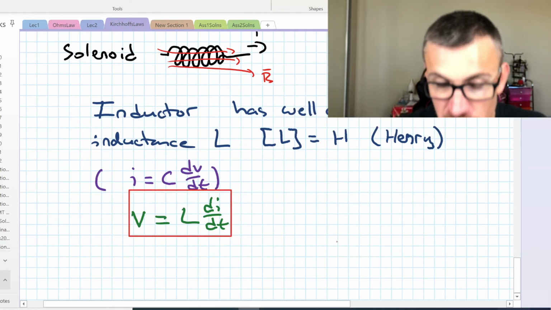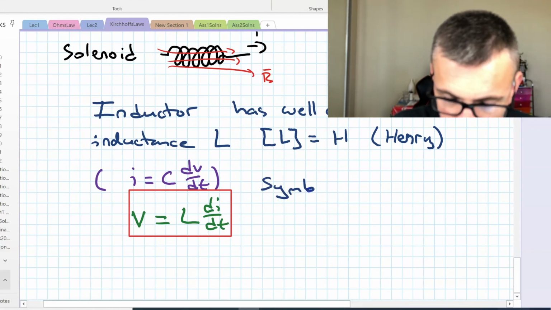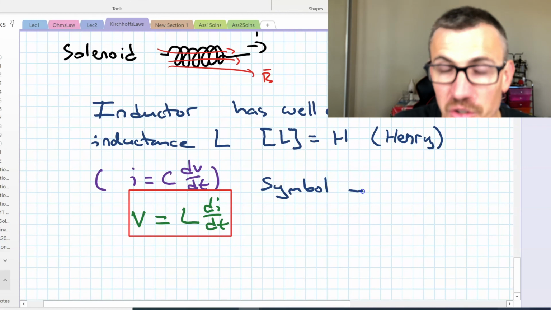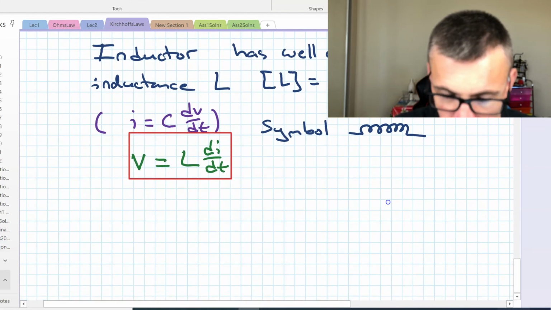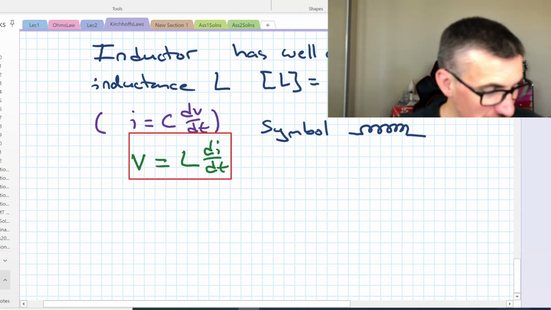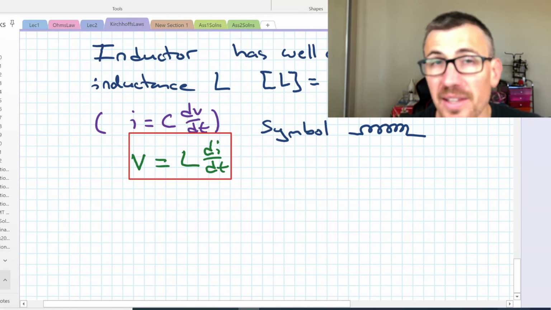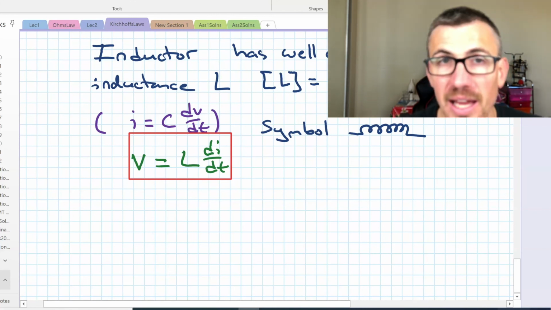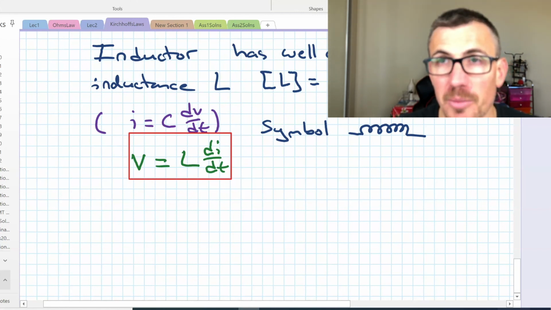So the circuit symbol for an inductor is a cartoon of a solenoid. Now finally, we can actually derive an equation for inductance the same way that we had an equation for capacitance in terms of geometry.